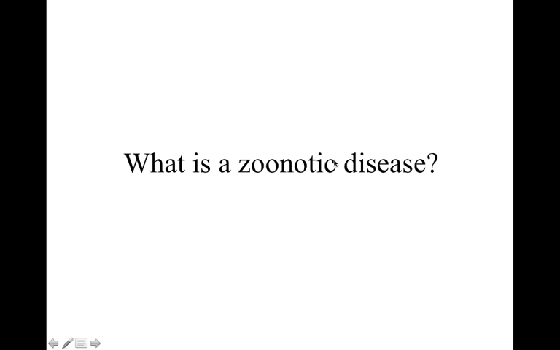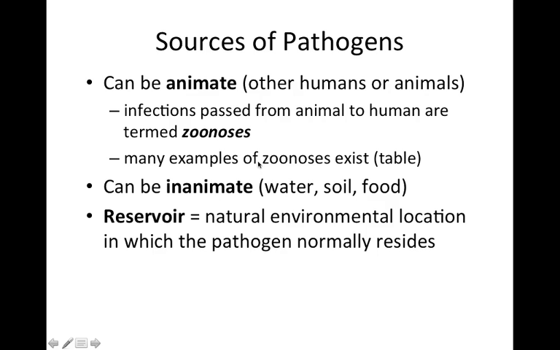What is a zoonotic disease? So we looked at some examples of where you would get an infection from an animal transferred to a human. A large percent of infections are caused by zoonotic diseases. So this is transferring a microbe from an animal to a human.